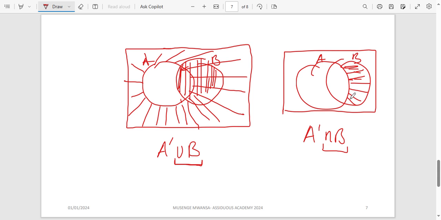So you see the difference between these two. That is how you do it. Is that okay? Yes, please go on.